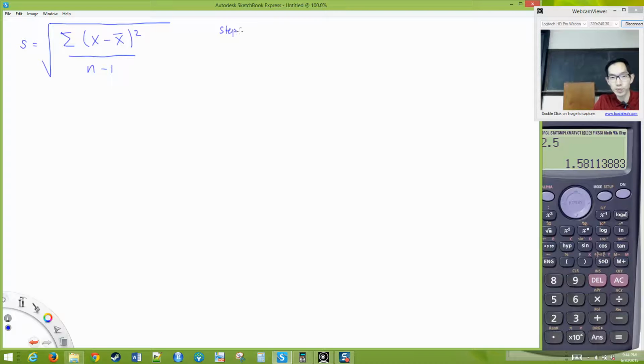Steps for finding standard deviation. Okay, number 1, find the mean.